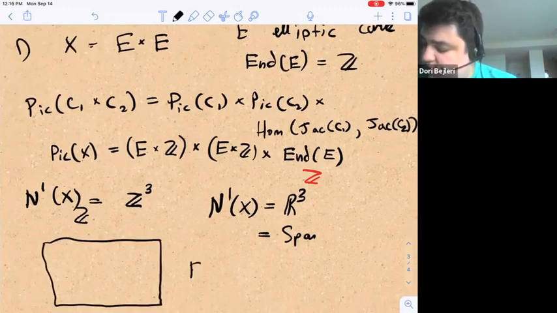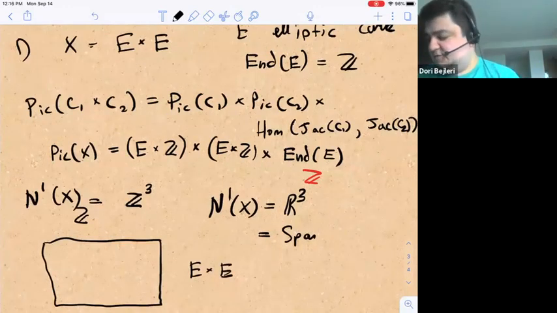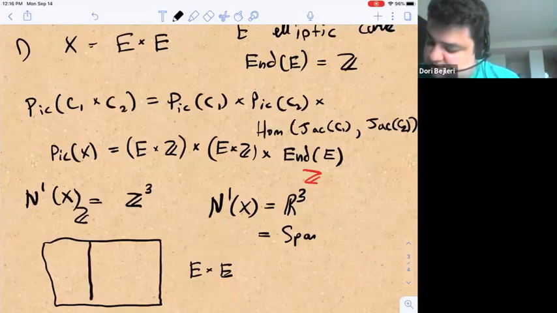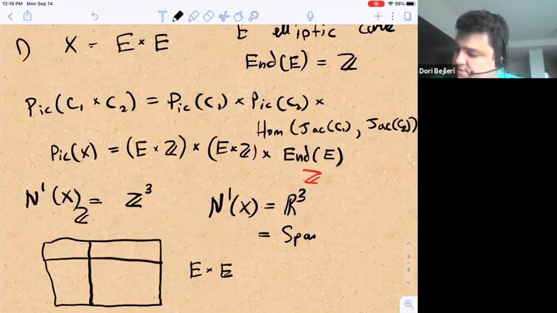Here's E cross E. How do we identify Picard of our curves inside of this product? Well, they're by pullback. So something in Picard of C1 means I'm pulling back from my first curve. So these will be divisors that are vertical. And then in Picard of C2, I'm pulling back from the second copy. So these will be divisors that are horizontal.